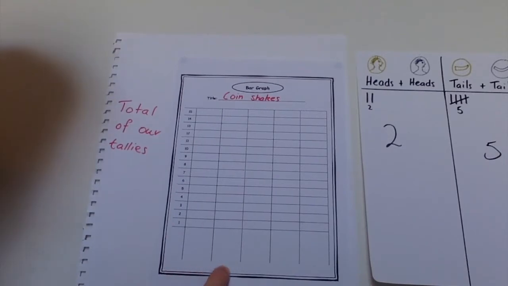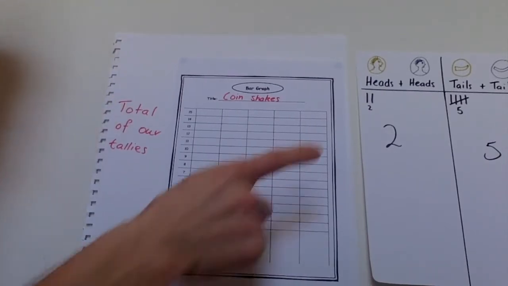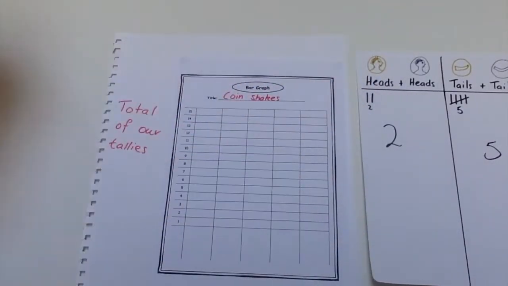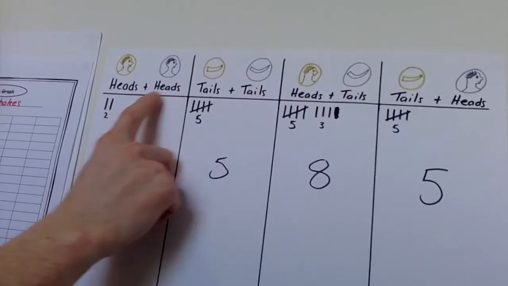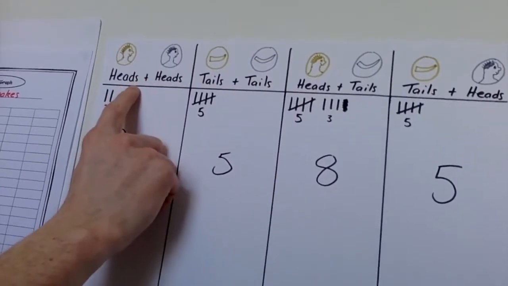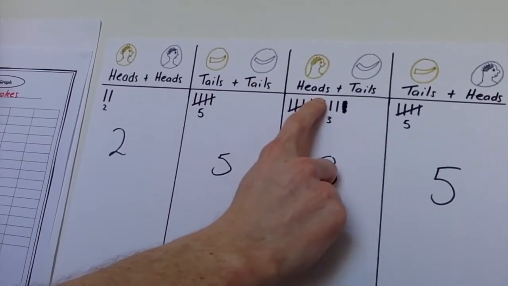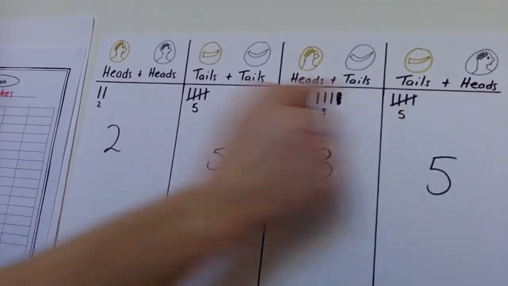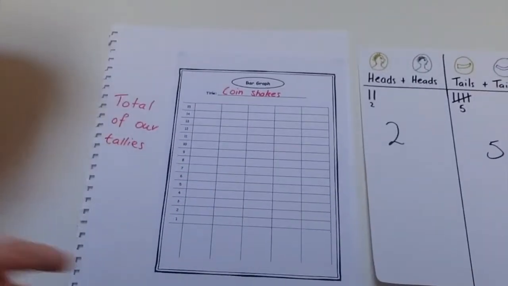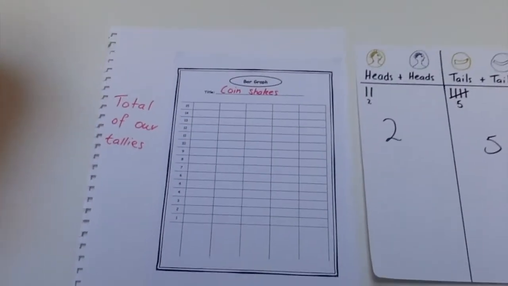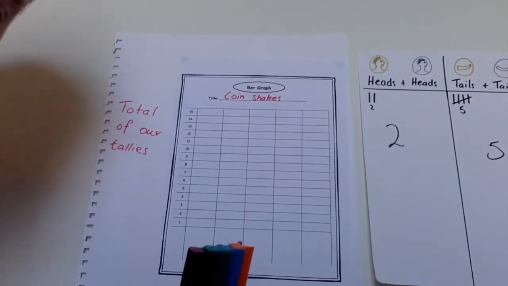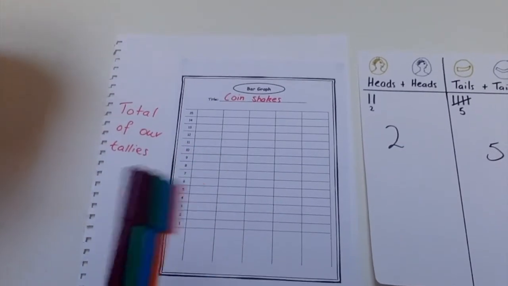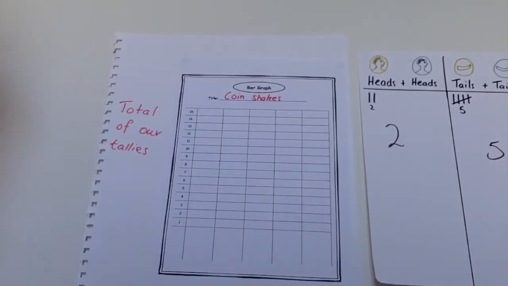Now down the bottom, we're going to put the headings. All the headings of our tally: heads and heads, tails and tails, heads and tails, and tails and heads. We're going to put them down in here. You will need a few different colours, 4 different colours would be good.